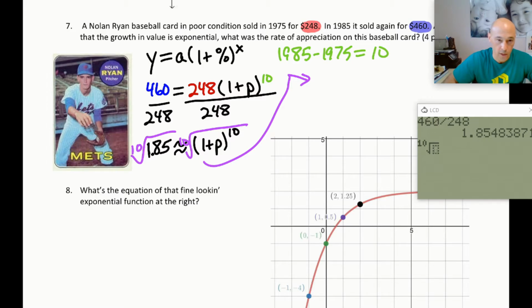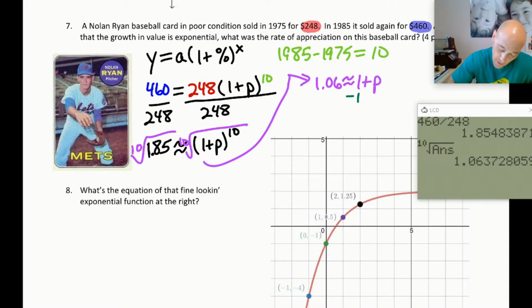I don't want to use the 1.85. I want to use the exact value there in my calculator. And so what I get is 1.06 approximately, so I'm still using those estimates. 1.06 is equal to 1 plus p. Now, if I subtract 1 from both sides, I will get 0.06 is approximately equal to p.